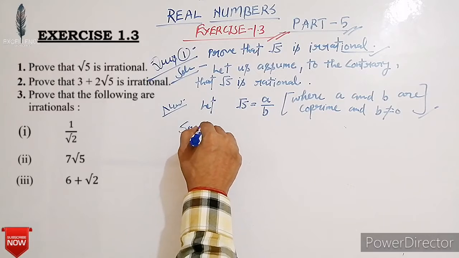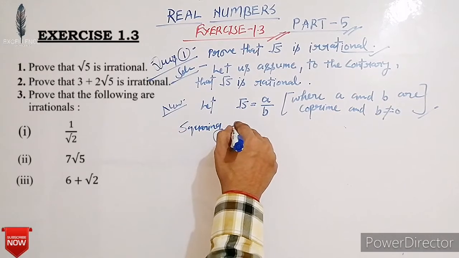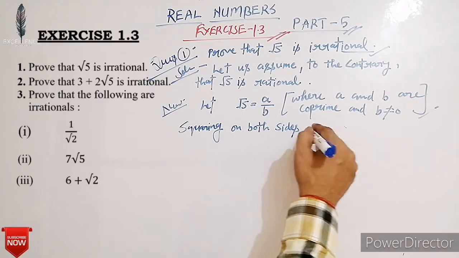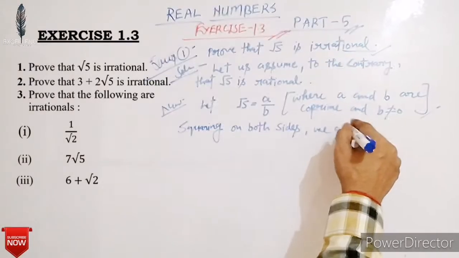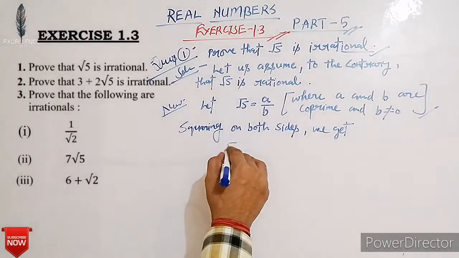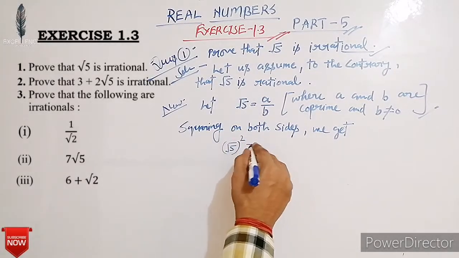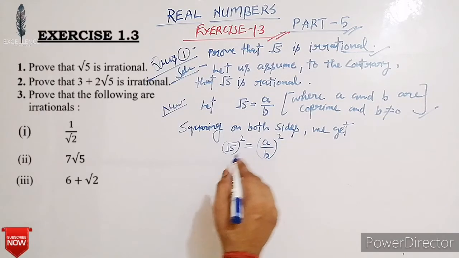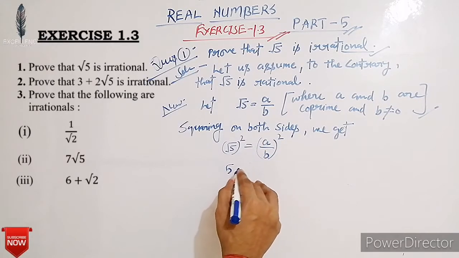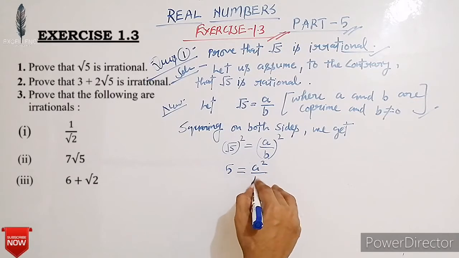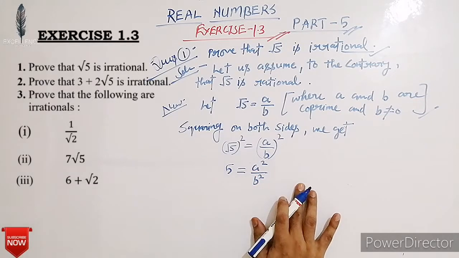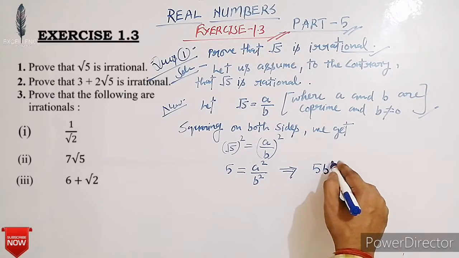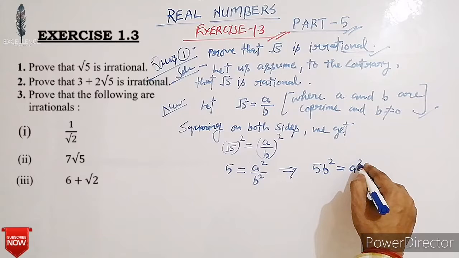Now squaring on both sides. So here we get under root 5 square is equals to A upon B whole square. Here 5 is equals to A square upon B square. So it is equals to 5B square is equals to A square.